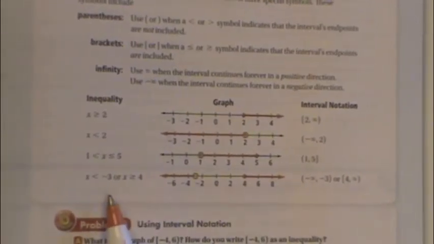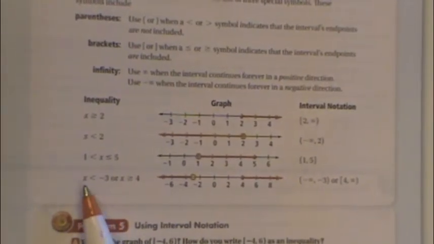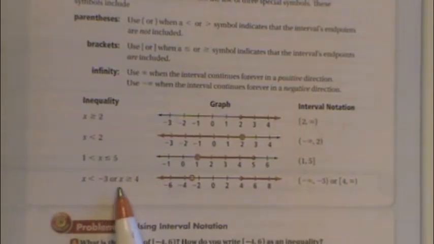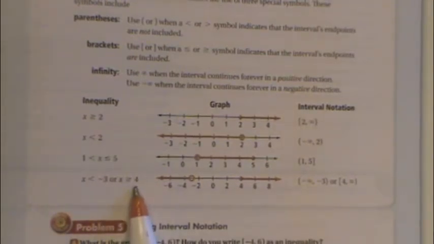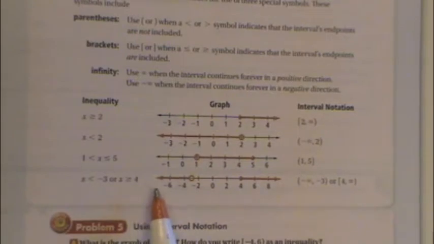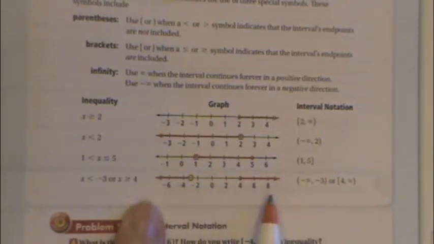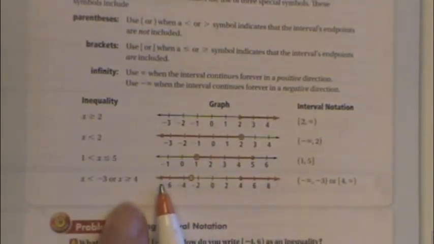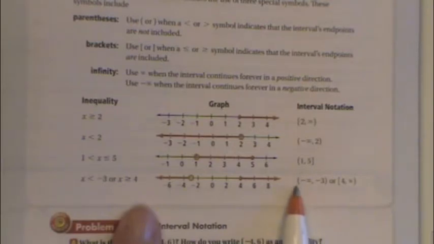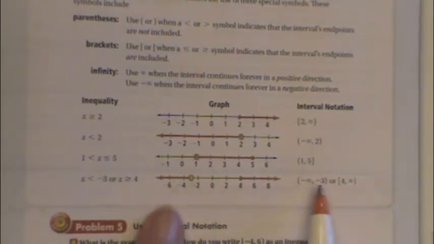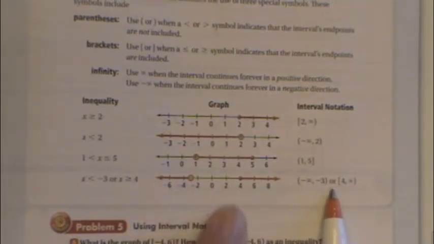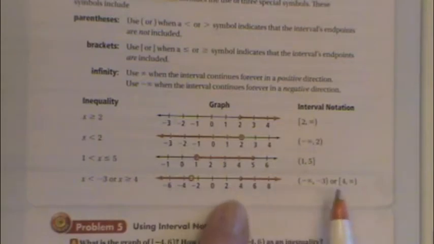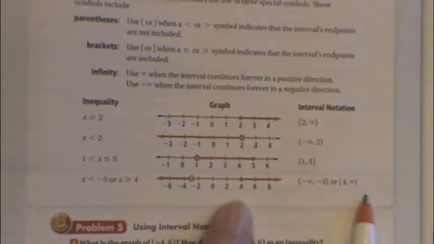Last, we have a compound inequality involving an OR. X is less than negative 3, or x is greater than or equal to 4. So here's the graph, then we're going to start with the smallest number, negative infinity, parenthesis negative infinity, comma, 3, parenthesis, or 4 is included, so we have a bracket, 4, comma, infinity, parenthesis.